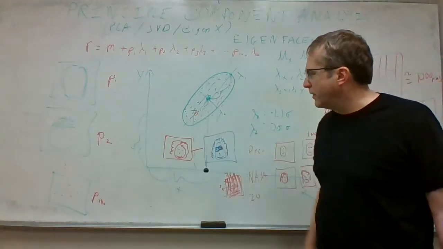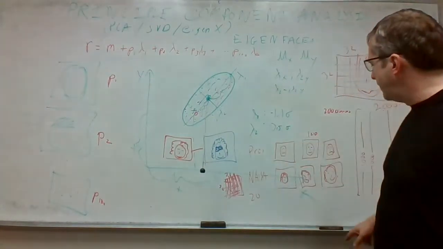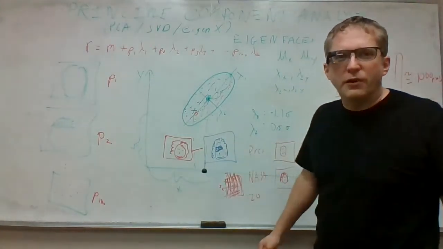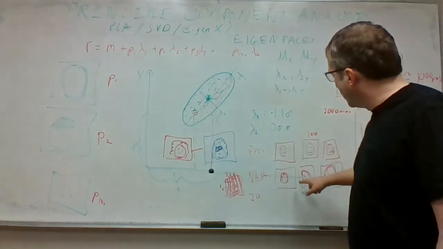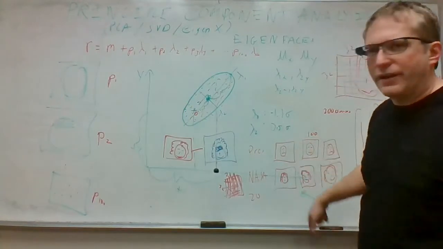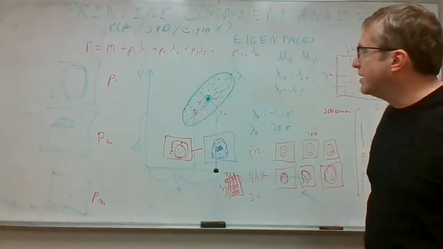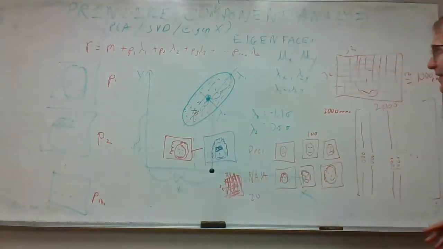Or if I'm sending over Sally's image, even with her Lone Ranger mask on, the projection values for her are going to match her images much more than anybody else's, even when she's wearing the Lone Ranger mask. So I can do recognition this way as well. Okay, so that's really simple.